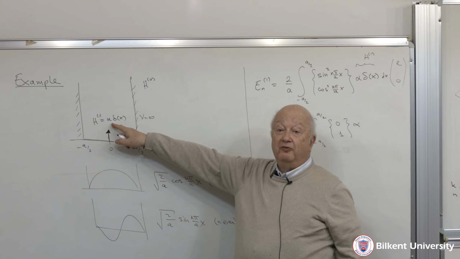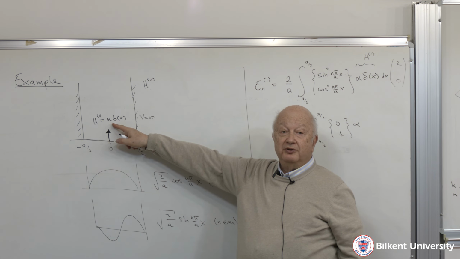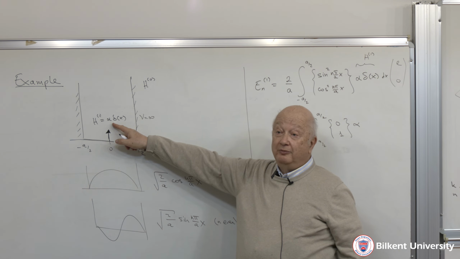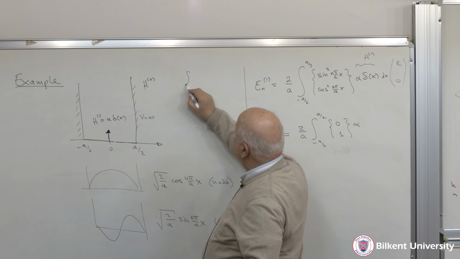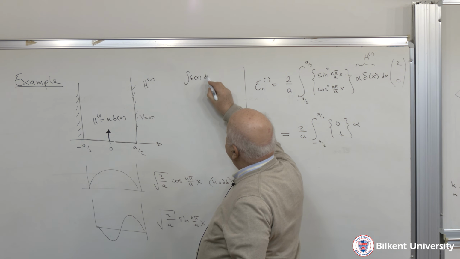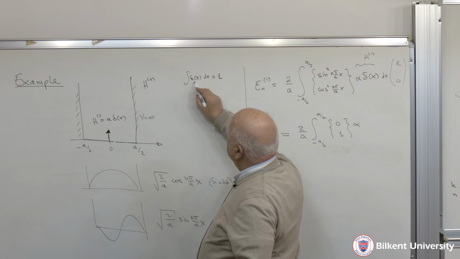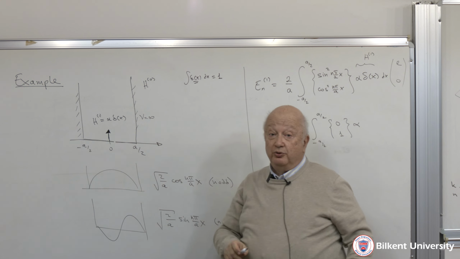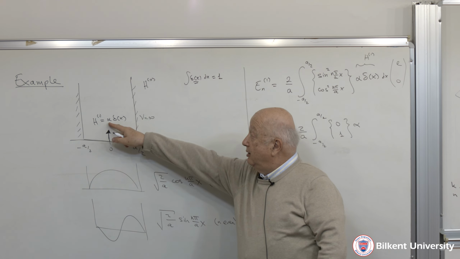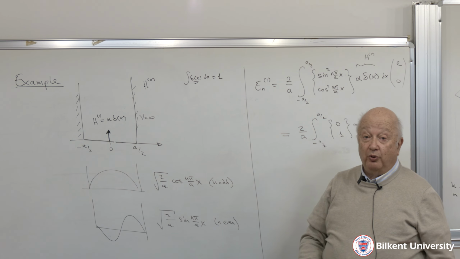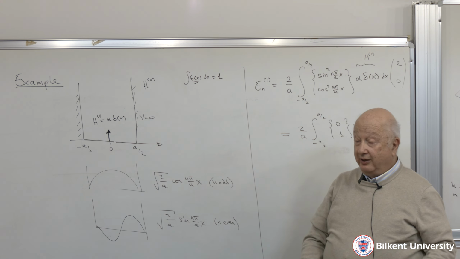What are the units of the delta function? 1 over x, right? Because when you integrate the delta function dx, you get 1. So the delta function has units of 1 over length. If it's 1 over length, alpha has units of what? Energy times length.